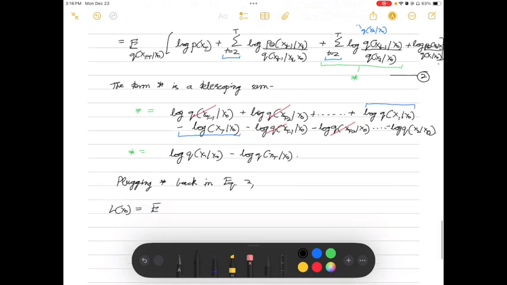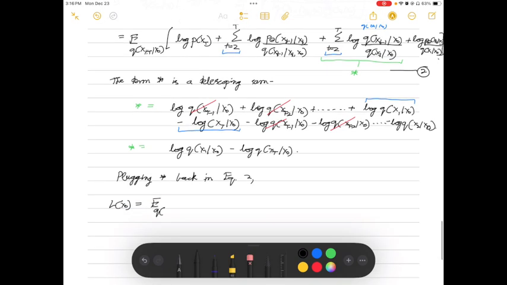the expectation of q x1 to t given x naught log p of xt, just the first term which remains unchanged. The second term, t equals 2 to t log p theta xt minus 1 given xt, and q xt minus 1 given xt and x0.